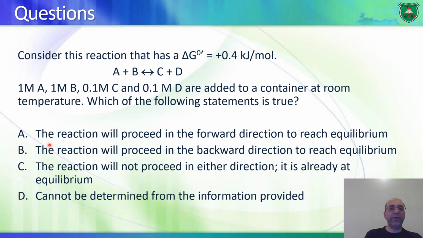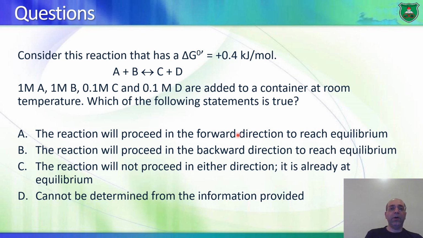So here you have: the reaction will proceed in the forward direction to reach equilibrium, or the reaction will proceed in the backward direction to reach equilibrium. That is, A, meaning that the reaction would proceed in this way, B, meaning that the reaction would proceed in the opposite way. The reaction will not proceed in either direction because it's already at equilibrium. It is not at equilibrium. Or it cannot be determined.